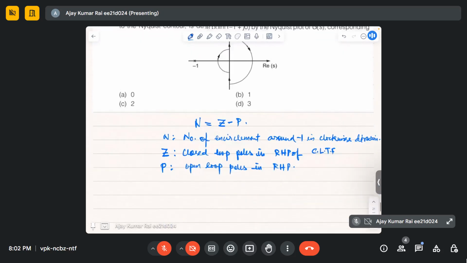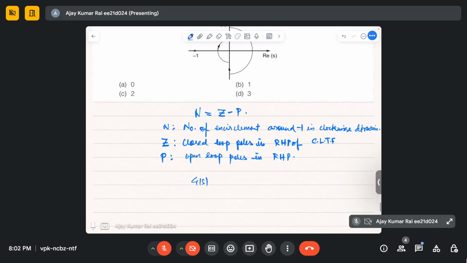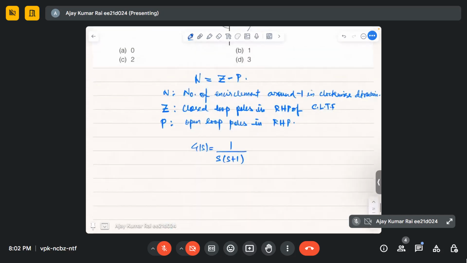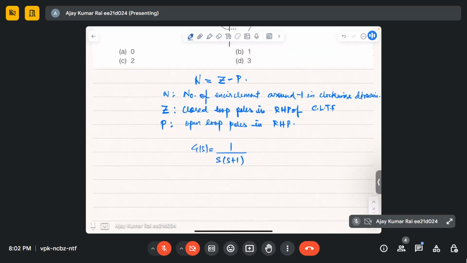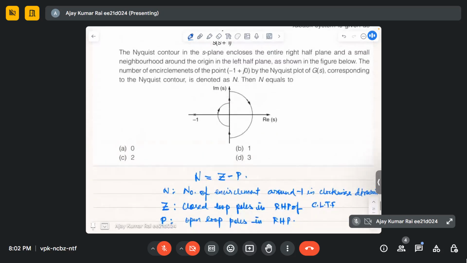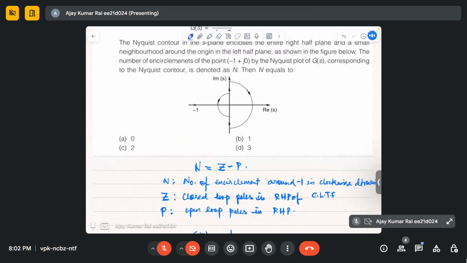And we are given G(s). This is the transfer function. So what can you say about P, the open loop poles in RHP? That was our definition. But here you see the contour, right? Now the contour is this.